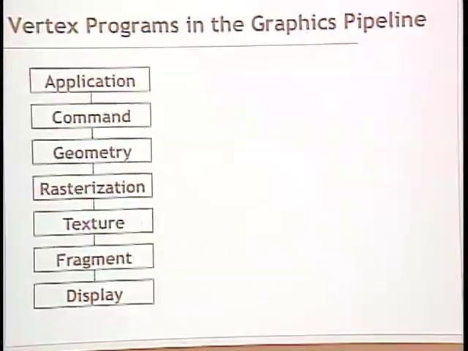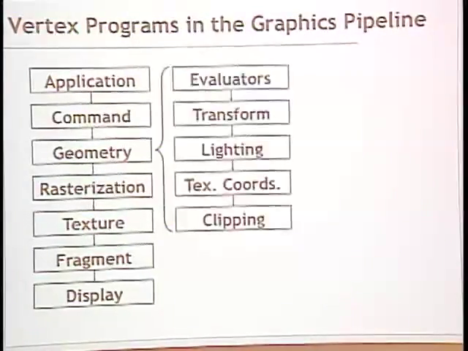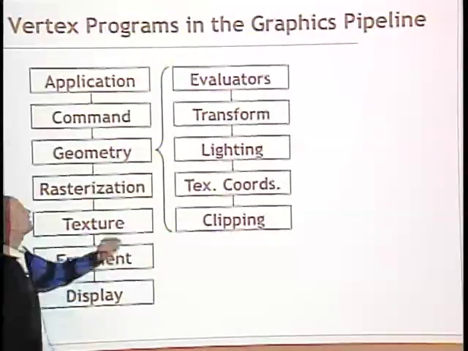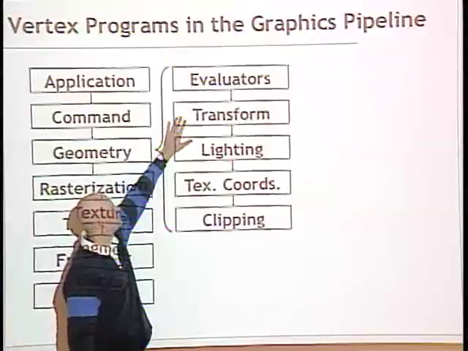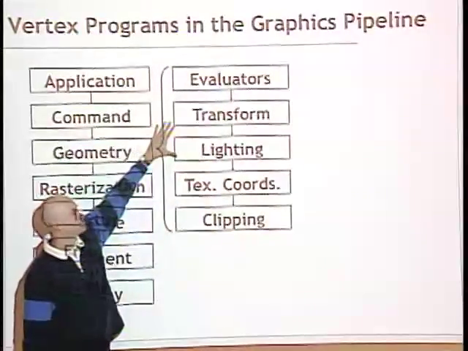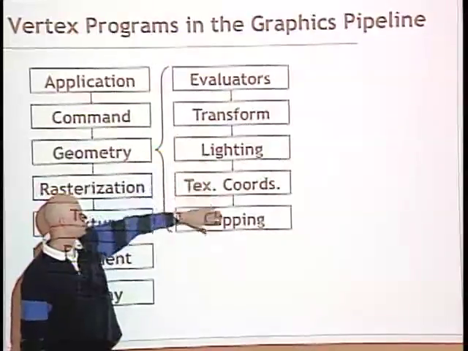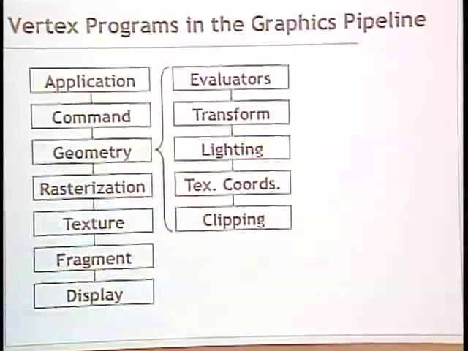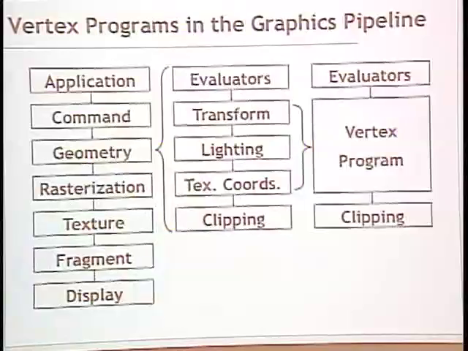Okay, so where do vertex programs fall in the graphics pipeline? It's this geometry part here. There's a bunch of stuff happening here. In particular, what we've talked about in at least a little bit of detail is the transformation and the lighting, and those are the only two that we've really talked about. You can generate texture coordinates, you can do clipping, and so on. What we're interested in is this part here.